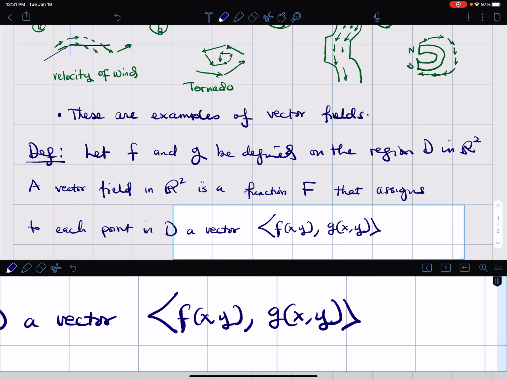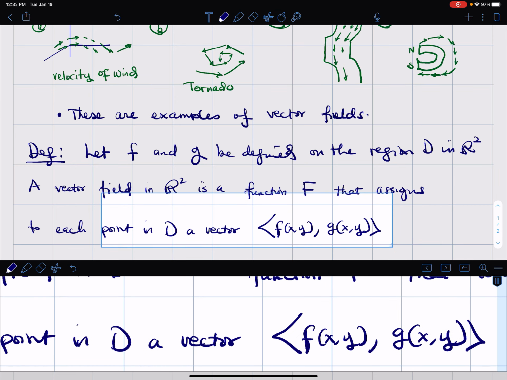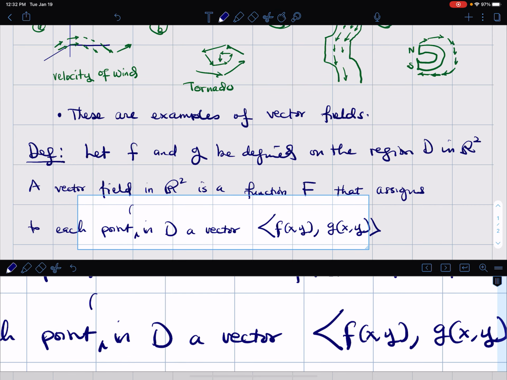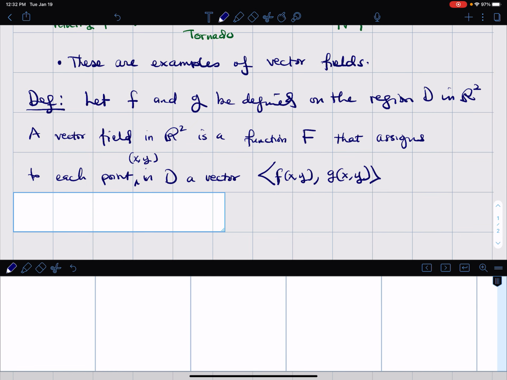So it assigns to each point, and the point would be xy.